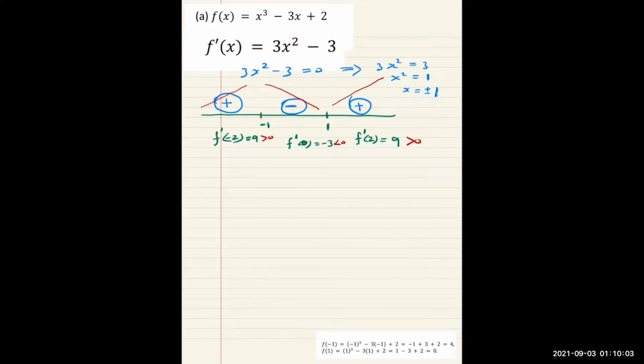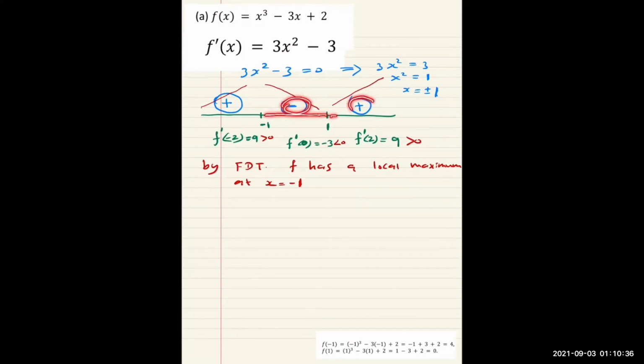By the first derivative test, we determine that f has a local maximum at x is equal to -1. Again, by the first derivative test, notice that in this interval, your derivative is negative.